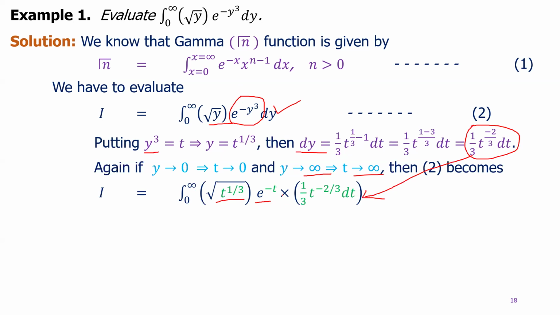Let us simplify this and we will try to convert it into gamma function. This 1 upon 3 we have taken outside.